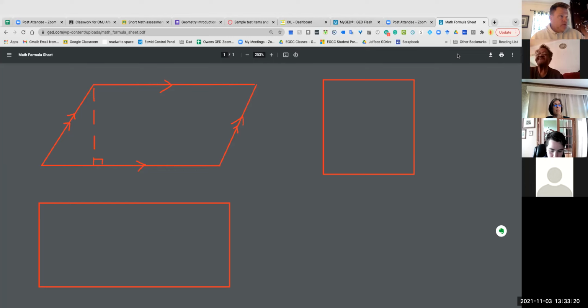Let me get rid of those. So polygon, quadrilateral, parallelogram. Now, a rectangle is a polygon, a quadrilateral, a parallelogram, and what makes it a rectangle is that all of the angles are right angles. They're exactly left, right, up, down.